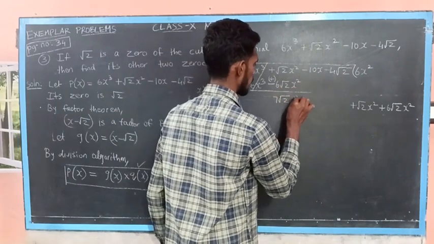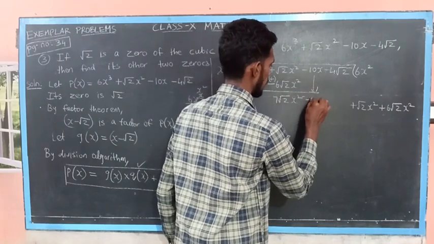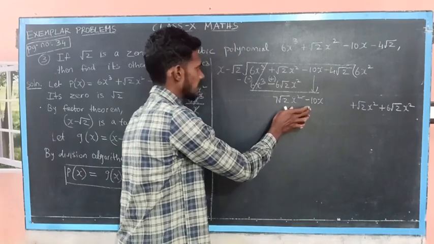Then drop the next term, which is minus 10x. Now this is the new dividend.